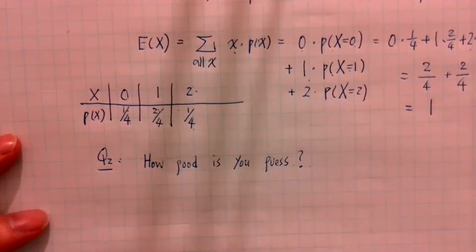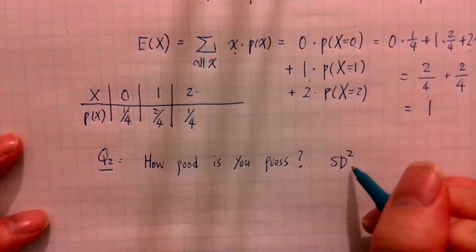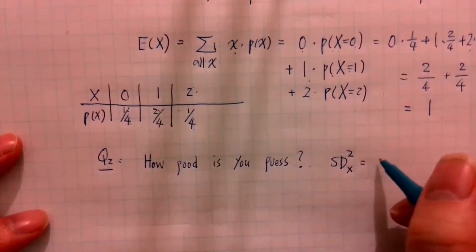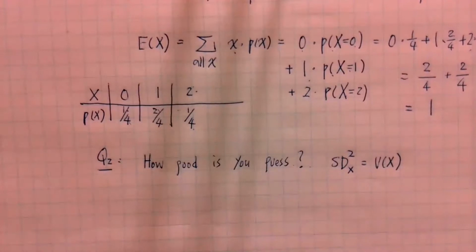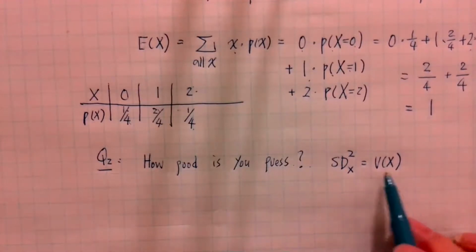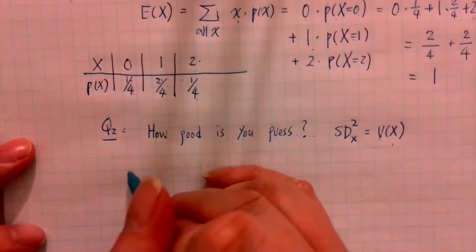And standard deviation squared is what we call the variance of x. And how can we find variance? This is the definition of variance.